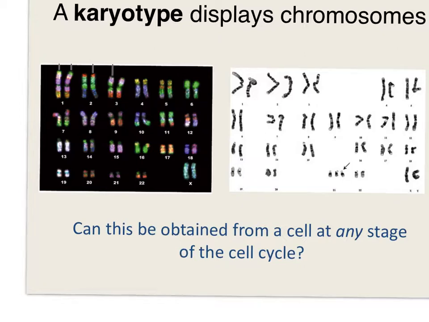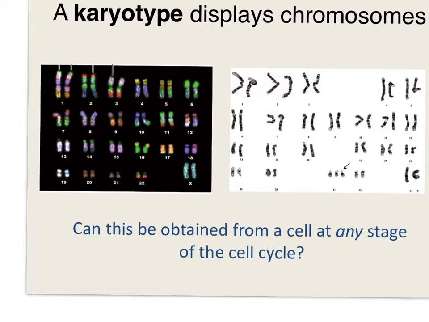So, remember the cell cycle? Which phase would you actually start seeing chromosomes? G1, S, G2, or prophase of mitosis? Prophase. Okay?